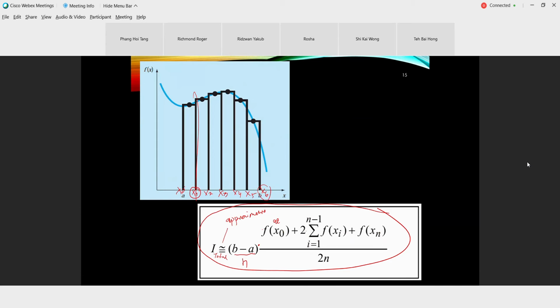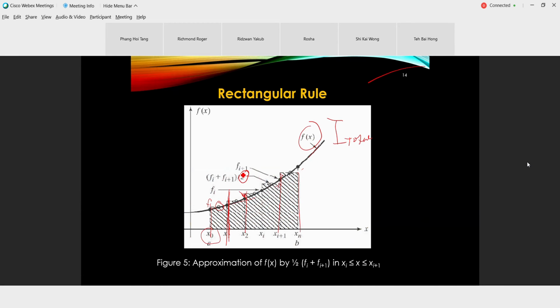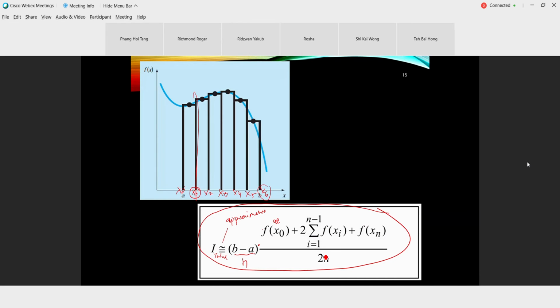Because here you want to set the average value using the rectangular rule. So you must divide by 2. That is the reason why you divide by 2. If you do not do it like this, you may directly put n here.